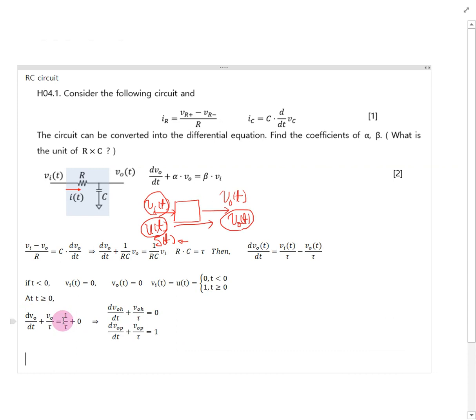So we can decompose this into two different equations, and our final solution will be Vo equals VoH plus VoP. This is the general solution. Summing VoH and VoP and substituting into the original equation will satisfy the original equation. So we would like to figure out these two solutions. First, we will try to solve the homogeneous one: dVoH over dt plus VoH over tau equals 0.